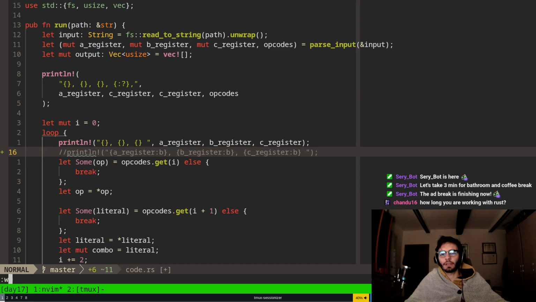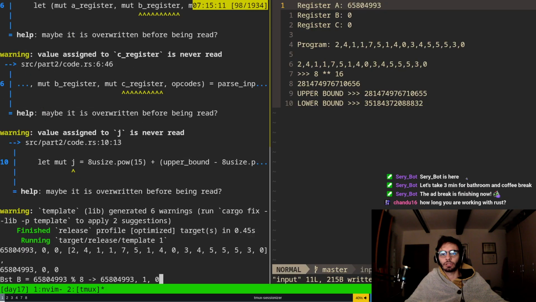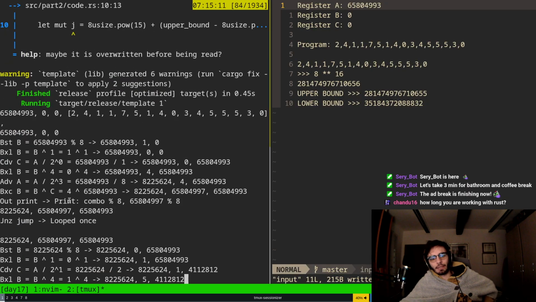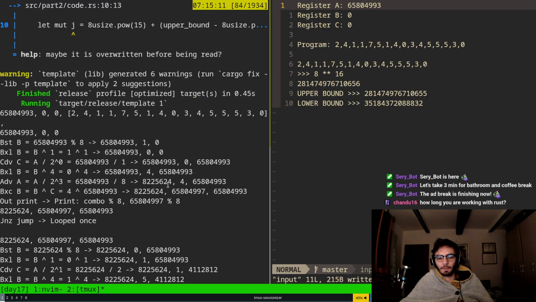The first thing that I'm interested in is the fact that A basically gets divided by 8 every time, right? But that just gave me this big up space that's useless.